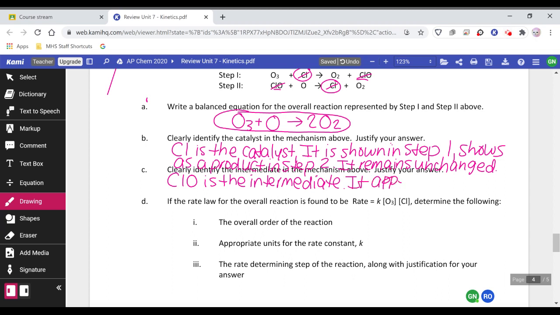It appears as a product in step 1 and is used up during step 2.